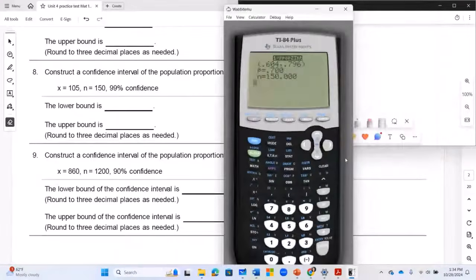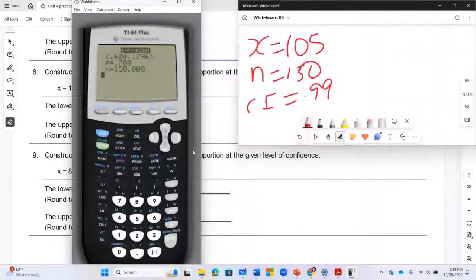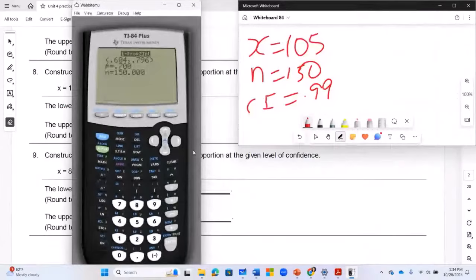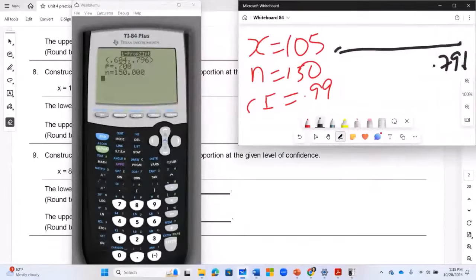Very easy. So this time I'm going to find the upper bound and lower bound. The upper bound is 0.796. The lower bound is 0.604. The point estimate is given to me as 0.7 again.